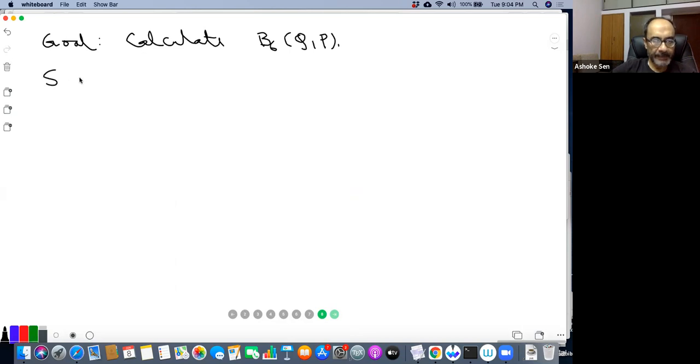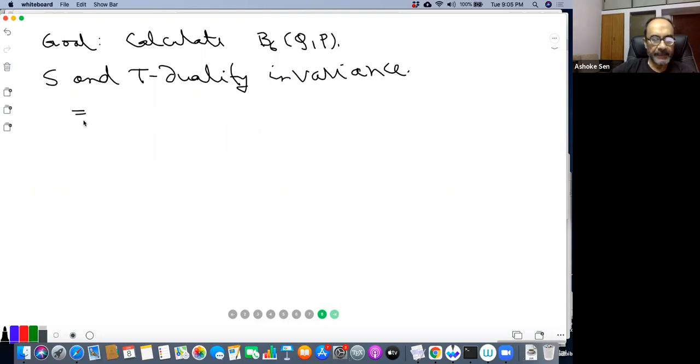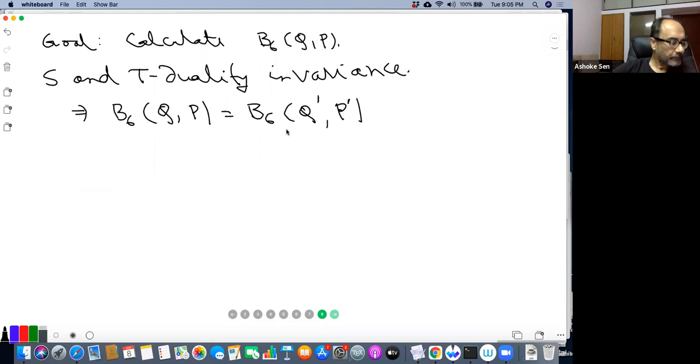S and T duality invariance tells us that B6(Q,P) should be equal to B6(Q',P'), where (Q,P) and (Q',P') are related by duality transformation.